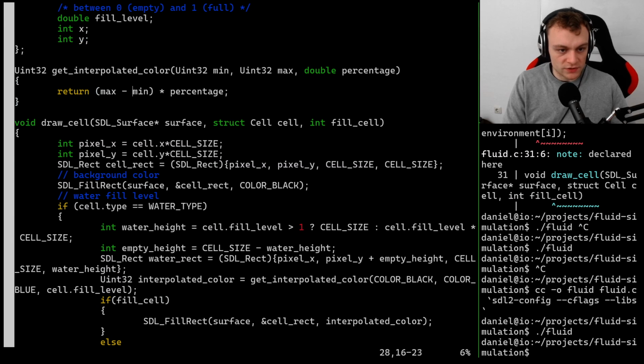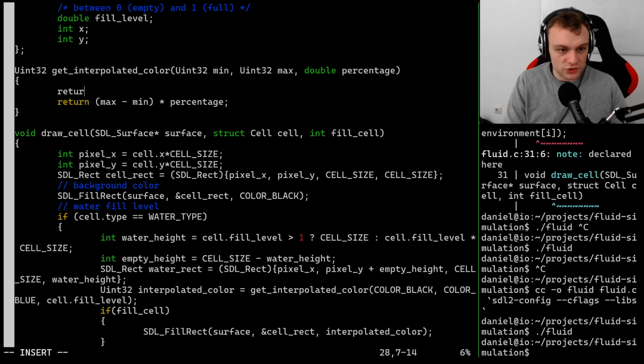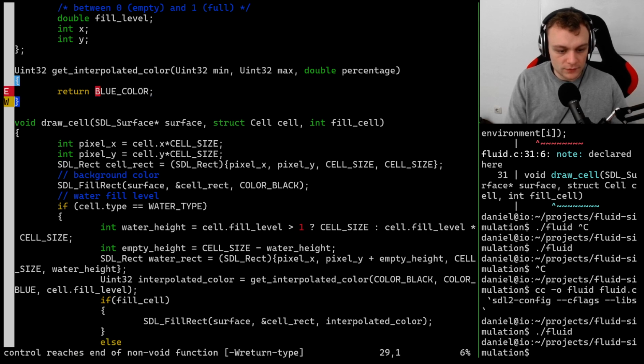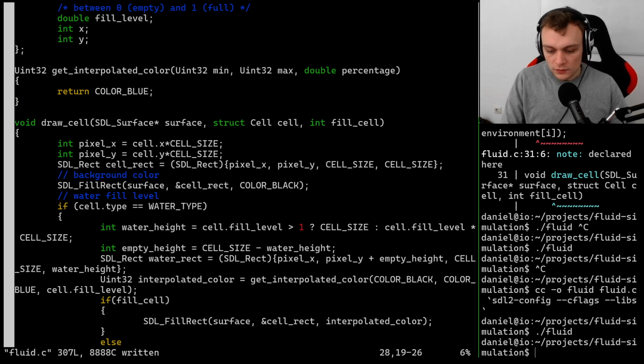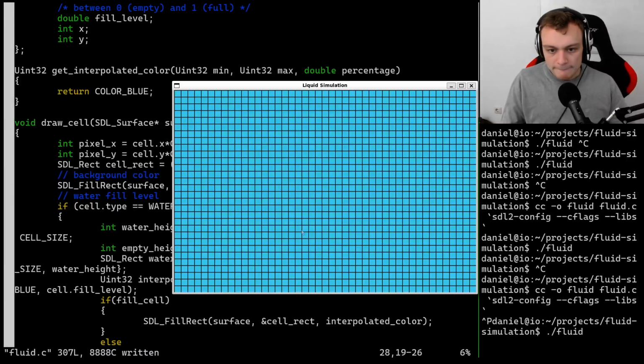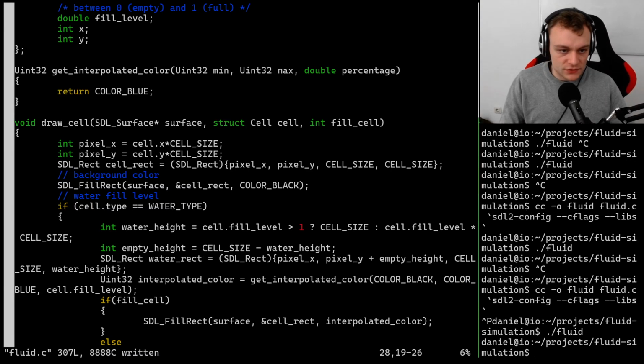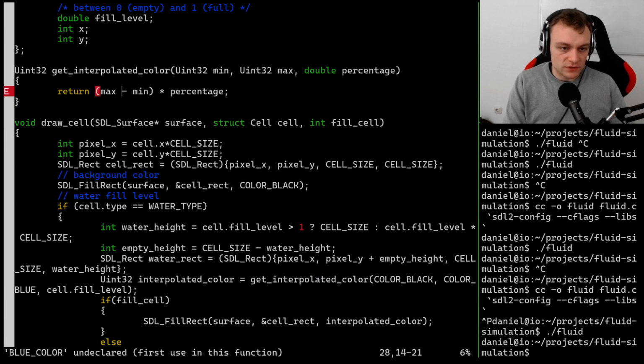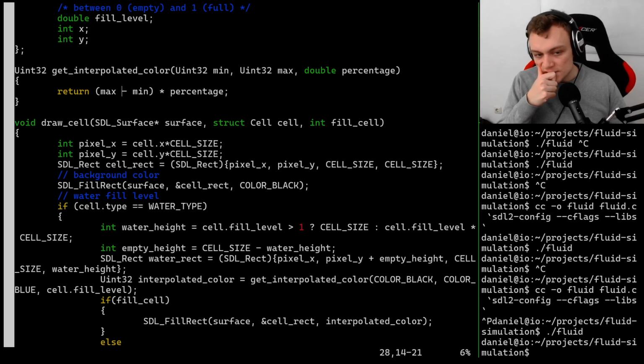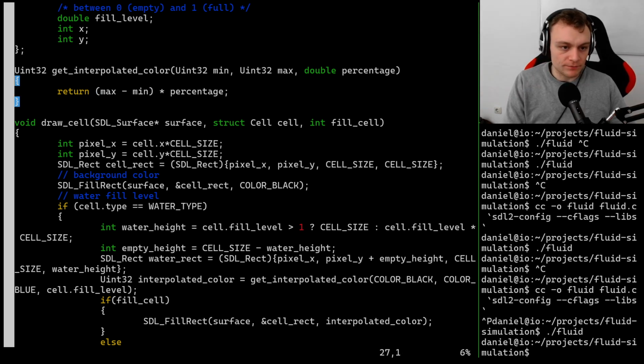So this is not a proper interpolation, so let's just change it to return color blue. Of course. Maybe the interpolation was better. But it's of course not done correctly.